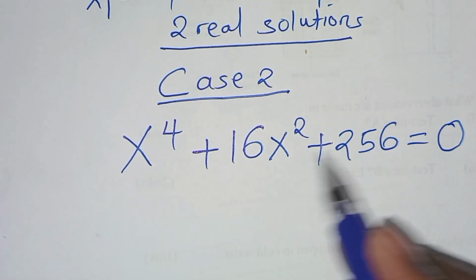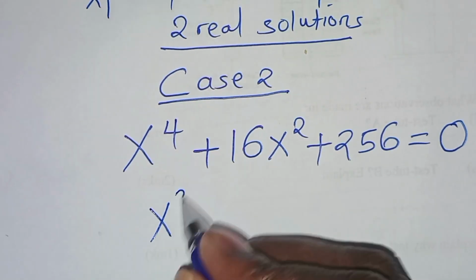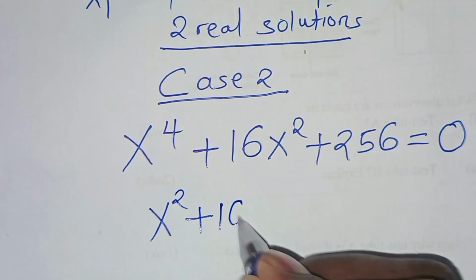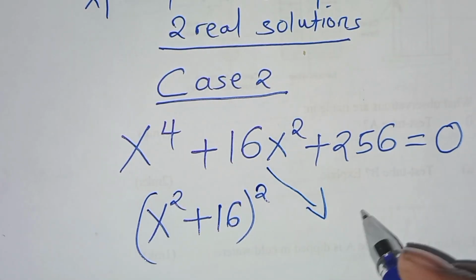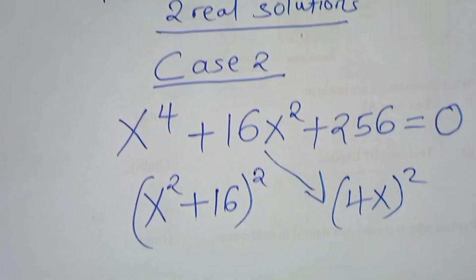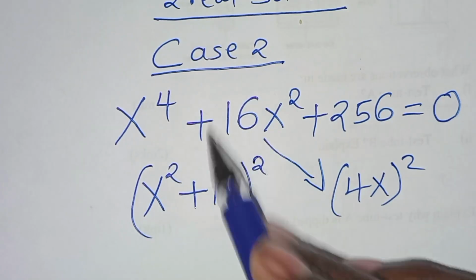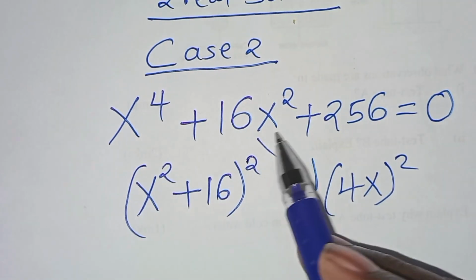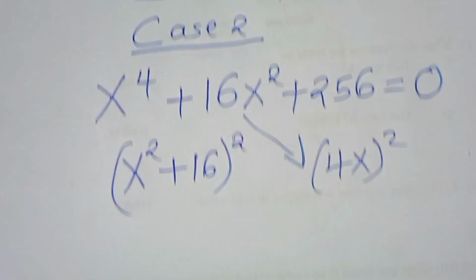And from this polynomial equation, we can extract x squared plus 16 squared, and also we can extract from here 4x squared. So we can be able to solve this quadratic equation, or rather the polynomial equation, by applying the difference of two squares.